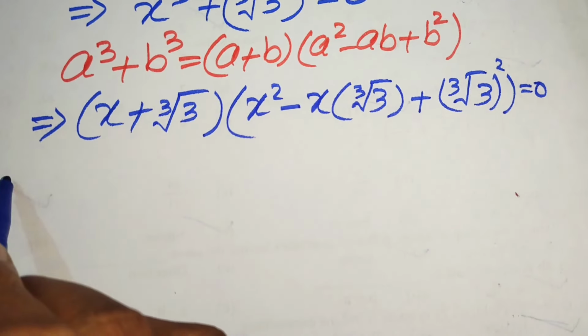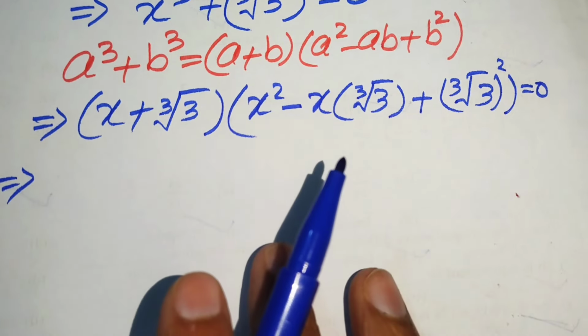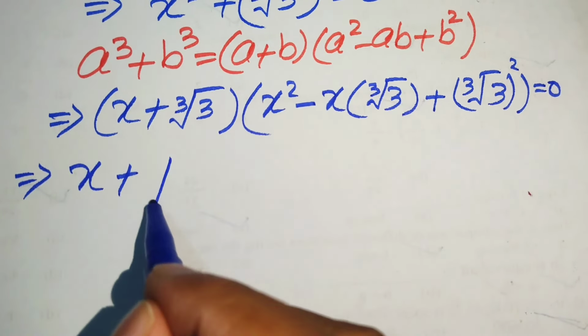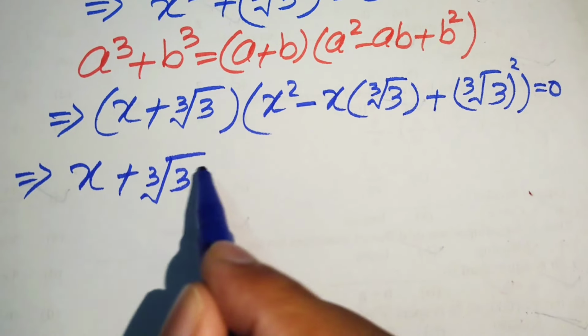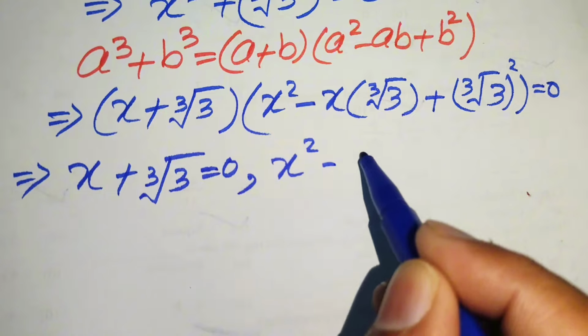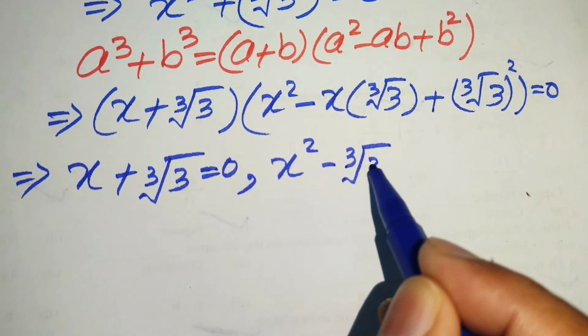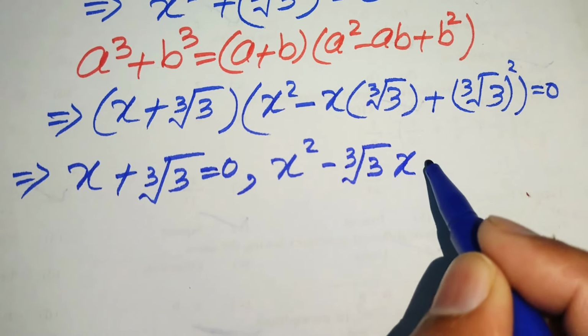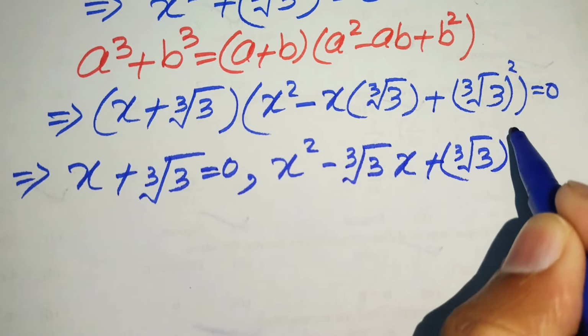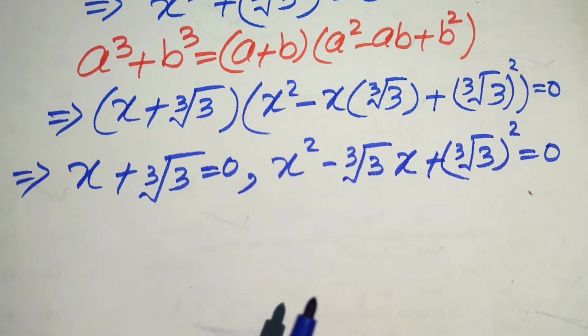And after this step, here we again convert this into the two cases. So the first case is we take x plus cube root of 3 is equals to 0, and the second case is we take x square minus cube root of 3 into x plus cube root of 3 square, it is equals to 0.